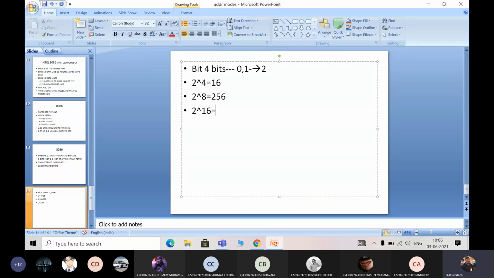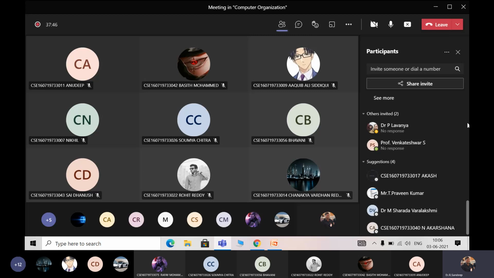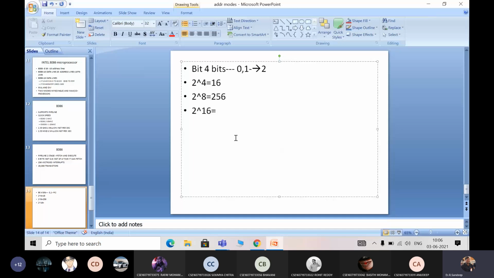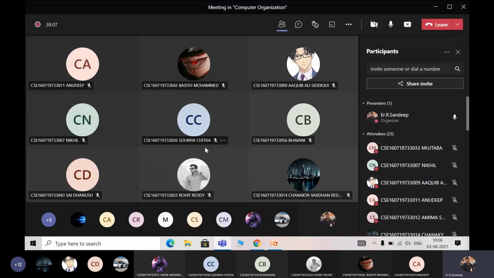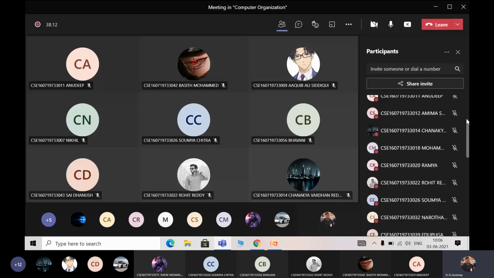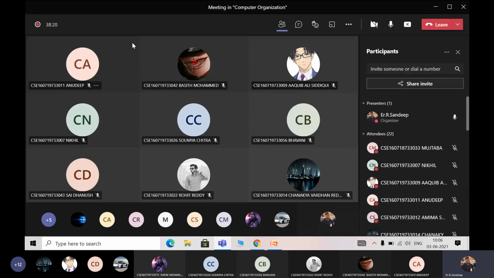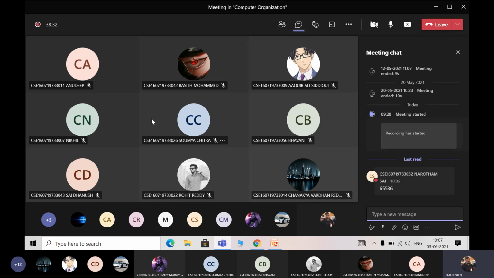Tell me what is the value of 2 power 16? Post it in the chat box if you find the value.